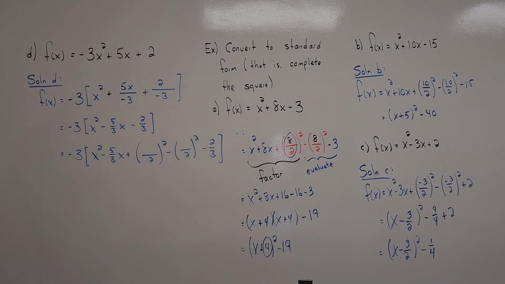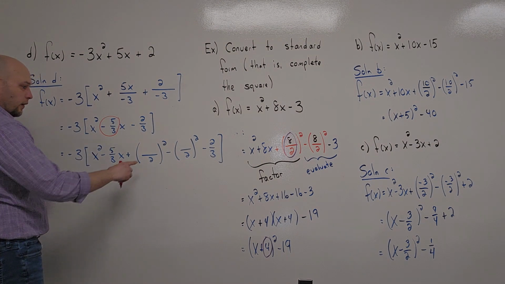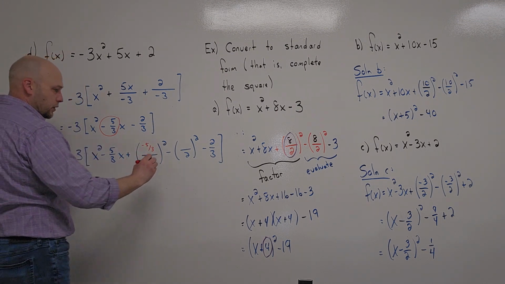This is your coefficient of x, and therefore that goes on top here, giving me negative 5/3 over 2.